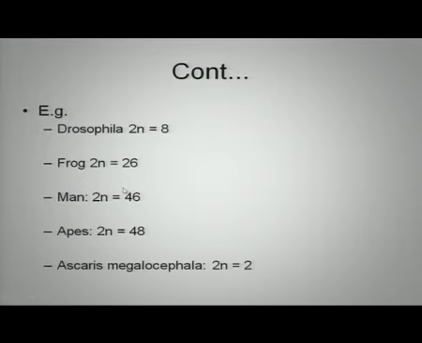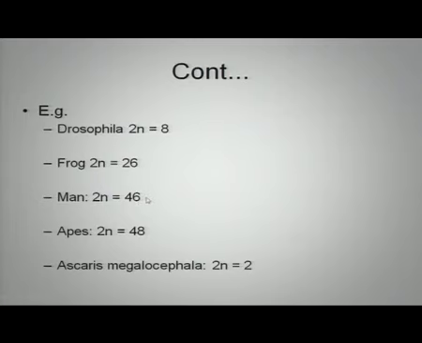You all know that in human beings 2n is equal to 46. Here I would like to ask one particular question. If there is 2n equal to 47 by XXY condition, what is the disorder?